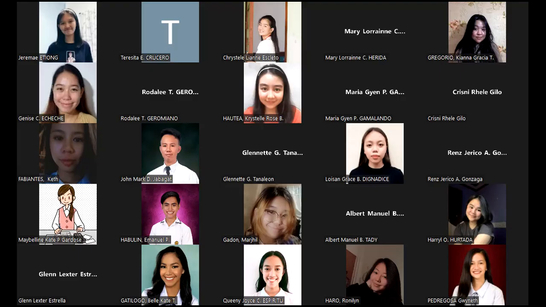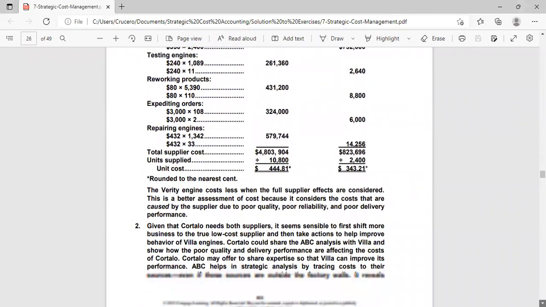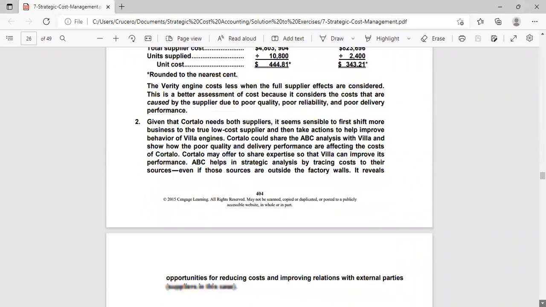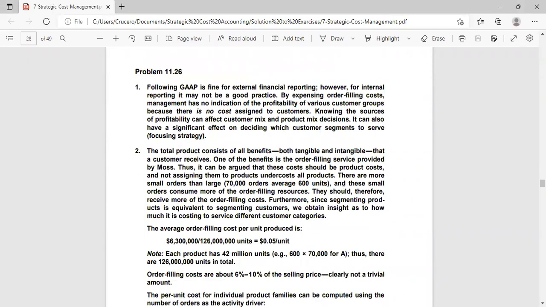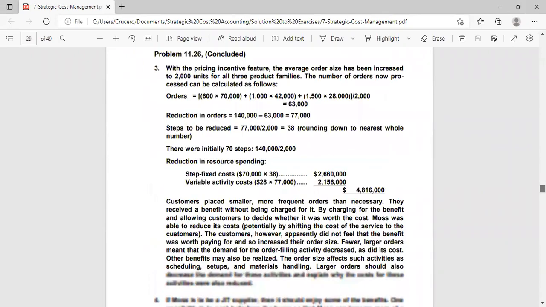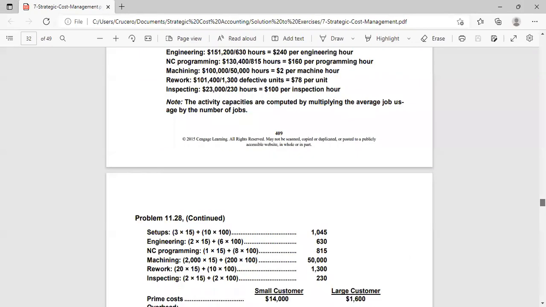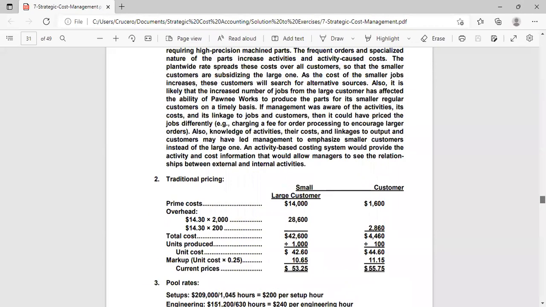So we now go to the screen shared. We go to the requirement, compute the total savings possible in 7-27.